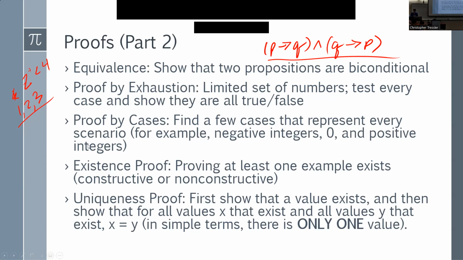So we have the proof by cases. The proof by cases is when you realize that there are certain subsections you can categorize everything into. So, for example, you might want to say, when is n squared even or odd, right?